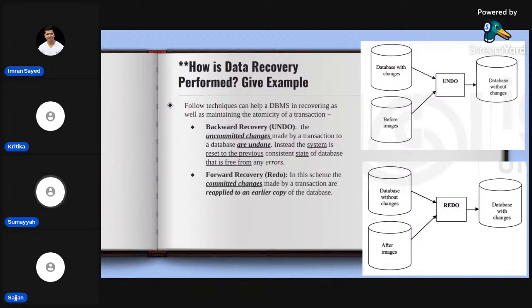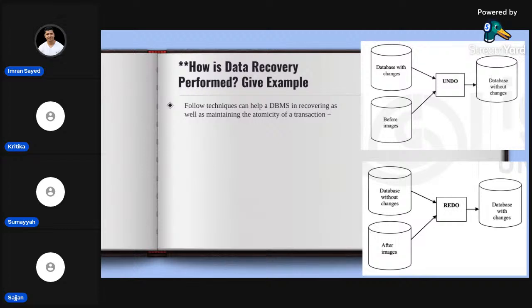Forward recovery, or redo: in this scheme, the committed changes made by a transaction are reapplied to an earlier copy of the database. Log-based recovery: maintaining the logs of each transaction and writing them onto some stable storage before actually modifying the database.